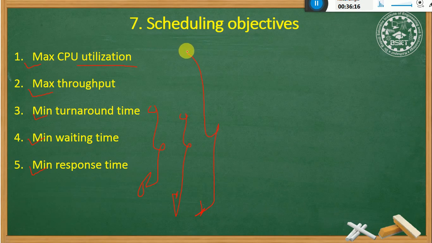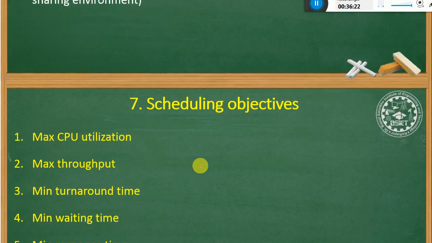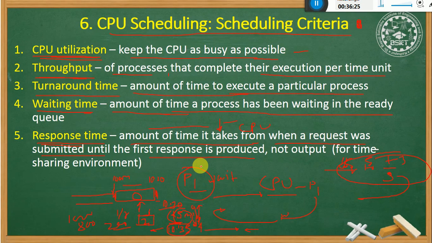These are the basic objectives and the advantages of scheduling, and these are the 5 criteria required for CPU scheduling: CPU utilization, throughput, turnaround time, waiting time and response time. So this is a very important point.